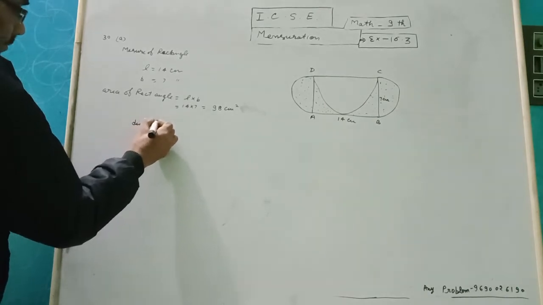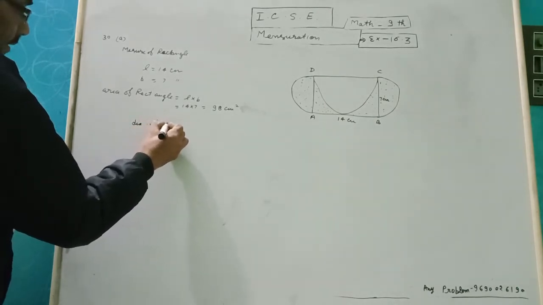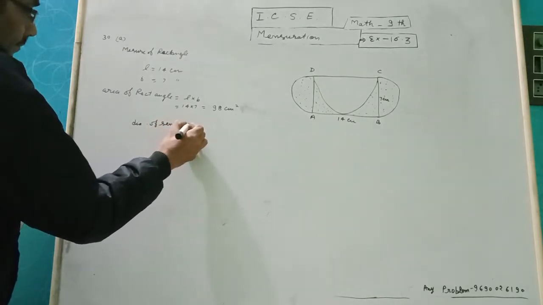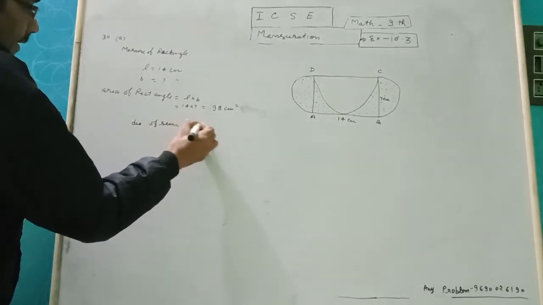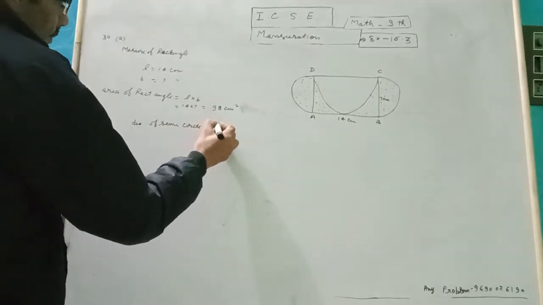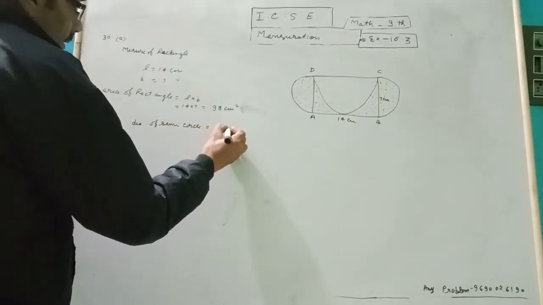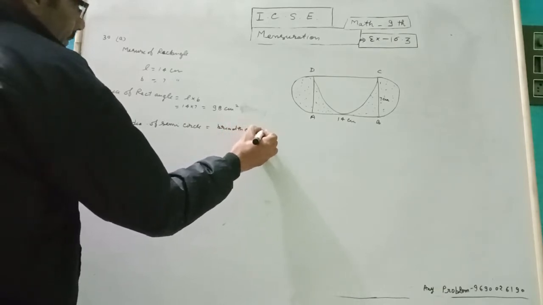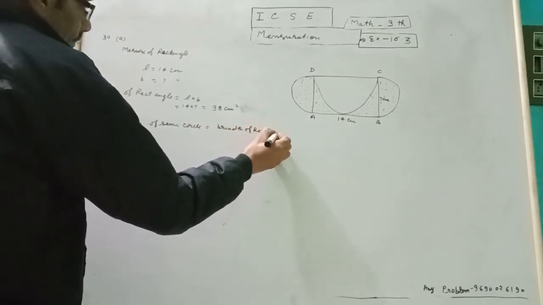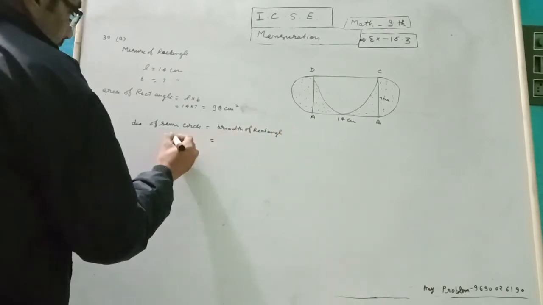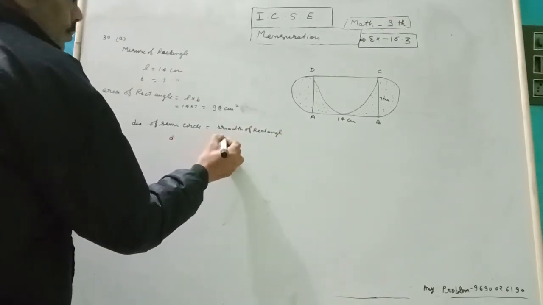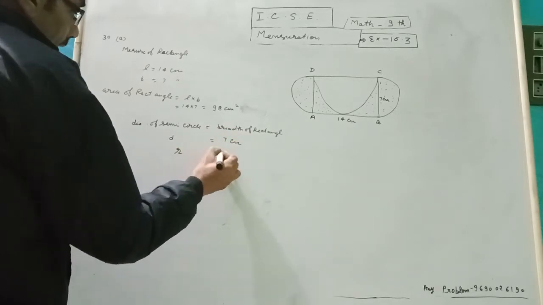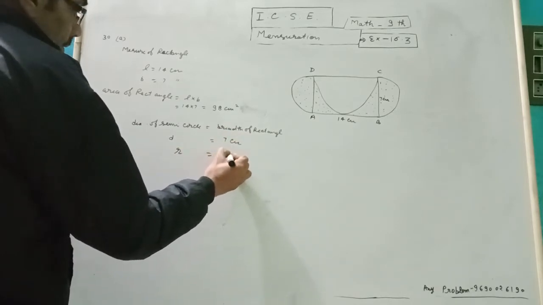Diameter of semicircle is equal to breadth of rectangle. Diameter is equal to 7 cm, then R, the radius, is equal to 7 upon 2 cm.